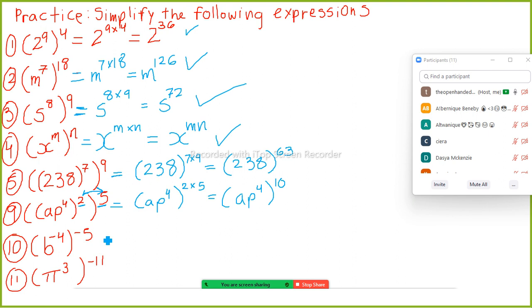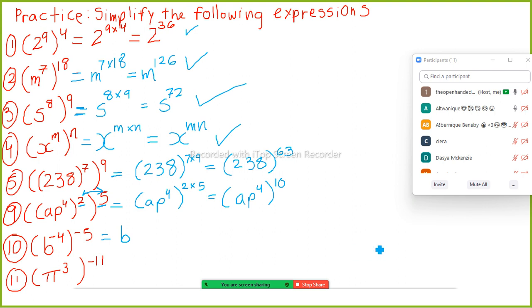Next up we have number 10, which is b to the negative 4 times b to the negative 5. This one is for our 20. I got b to the... b to the what? Negative 20. You sure it's negative 20?